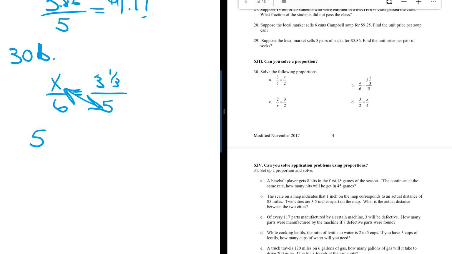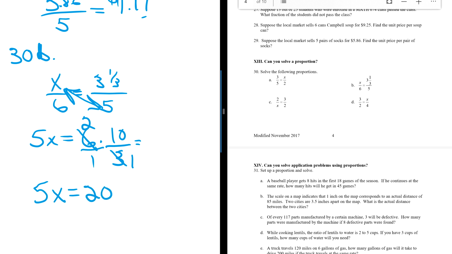I'll start with the easy part. 5 times x is 5x equals 6 times, and this is going to be 3 times 3 is 9 plus 1 is 10 over 3. And I'm multiplying this. All right, so then this right side here is going to be 3 goes into 3 once and 3 goes into 6 twice. Now this is over 1, so that's not a big deal. What do I have left? 2 times 10 is 20. So 5x equals 20.